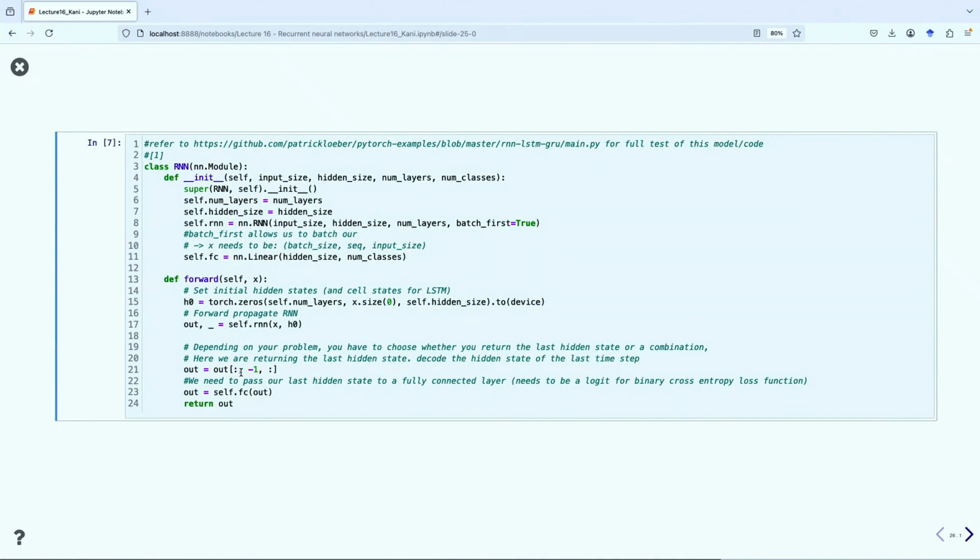So for that, we simply take the last output and then pass it through our fully connected layer to get a logit that's given to the cross entropy function to calculate the loss. Make sense? So PyTorch is pretty nice. It saves us some effort there.